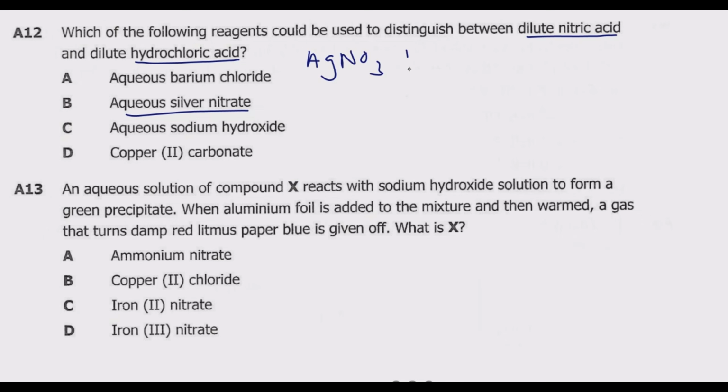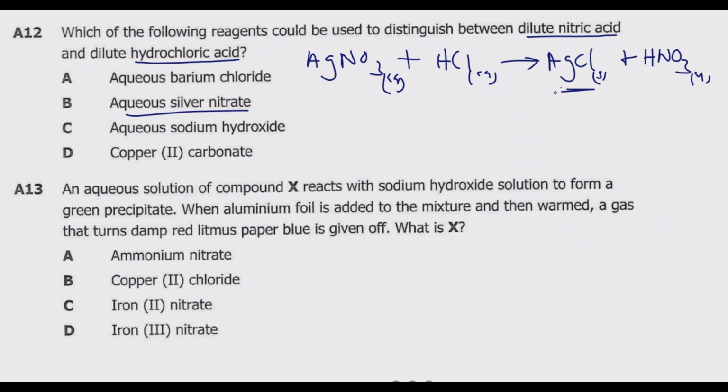Then you react with hydrochloric acid. All these are aqueous. Then what we are going to get is silver chloride, plus nitric acid. So this will be a white precipitate.